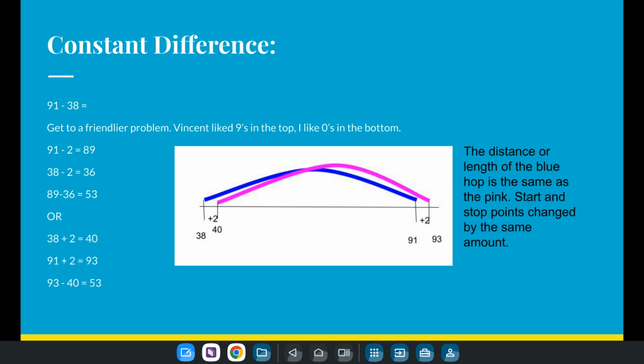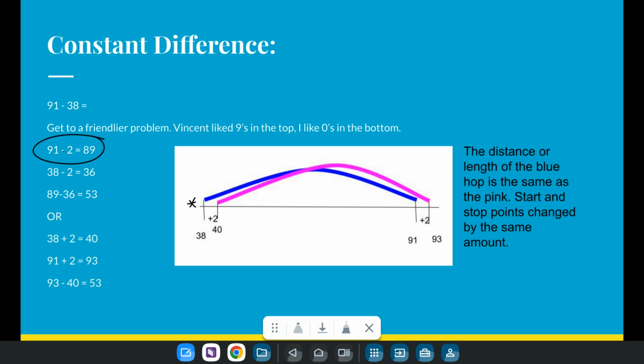So for this problem, for Vincent's way, we're going to think about 91, and Vincent would not want to do 91. He would take 2 from 91 to make a new top number of 89. And he understood on a number line, which is the image here, although Vincent would have adjusted in the other direction, he understood that the blue distance here is the distance between 91 and 38.